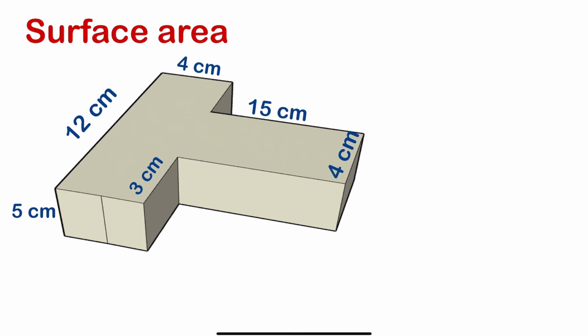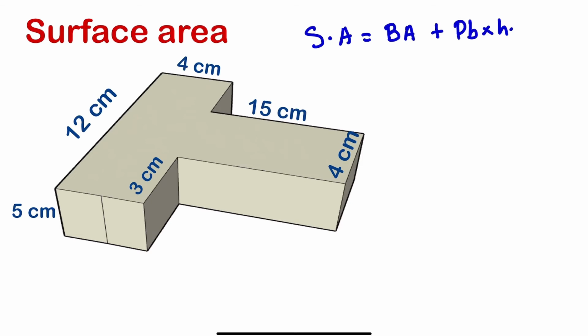To calculate the surface area, at times it seems a little bit complicated, but the best formula so far, if you don't want to make any mistake, is that the surface area will be equal to the base area plus the perimeter of the base times the height.